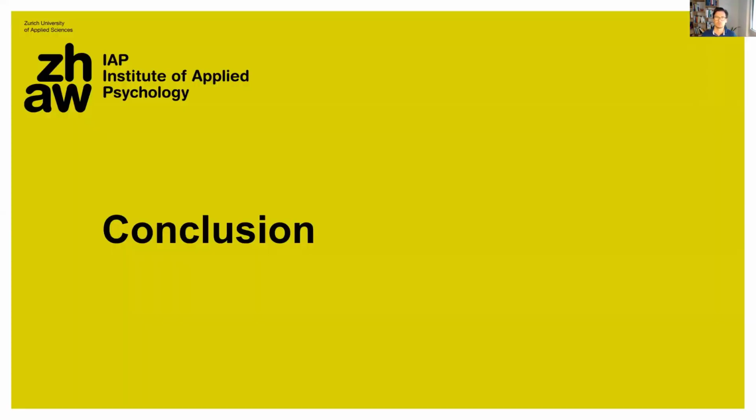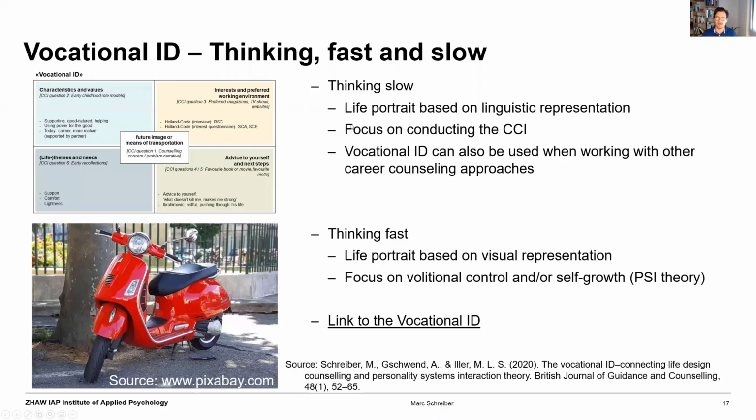Now let me conclude with some final thoughts about the vocational ID. I think that the vocational ID is worth working with because it combines thinking fast and slow, as I already mentioned before. So thinking slow is basically a life portrait based on the linguistic representation.